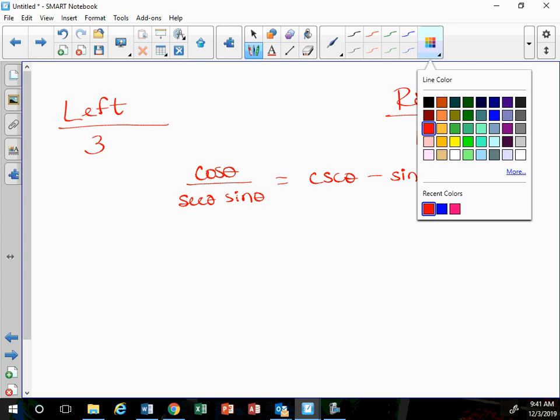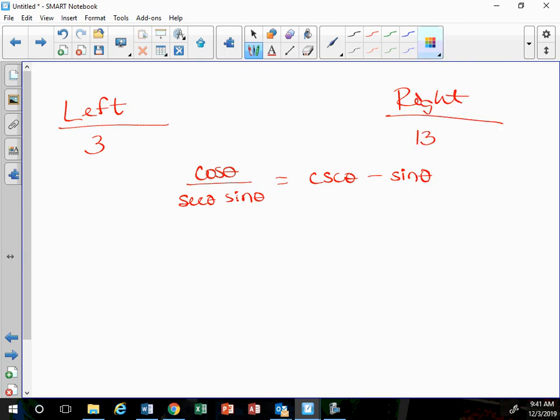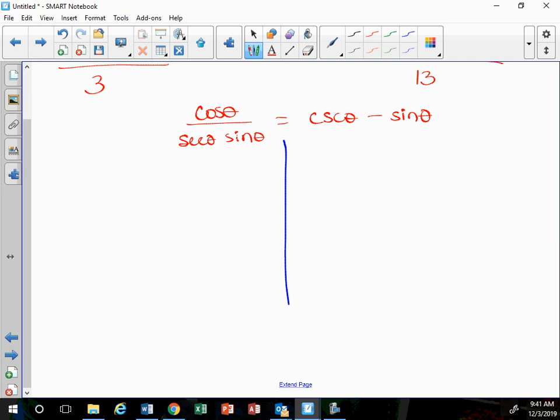Let's go through this one clearly. I wanted to give you one where you had to find a common denominator because we're running out of time, but that got kind of tough. All right, let's do left side here. Secant's just 1 over cosine, right? Okay, so I have cosine divided by sine over cosine.